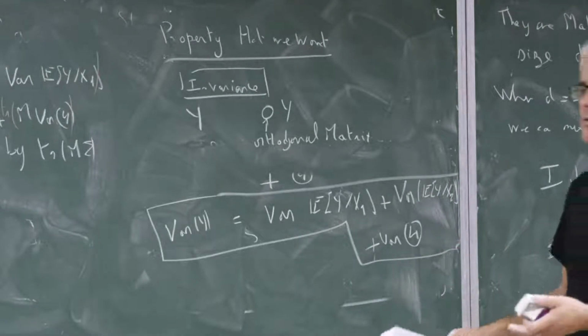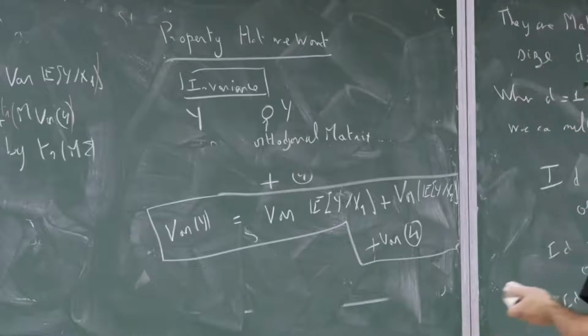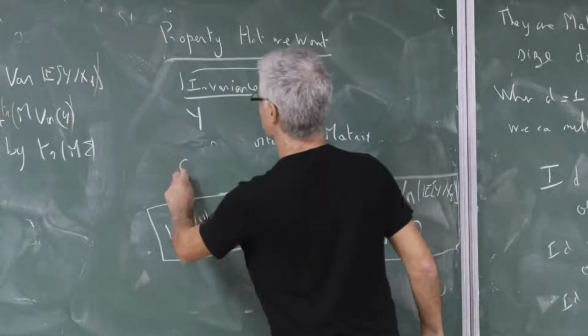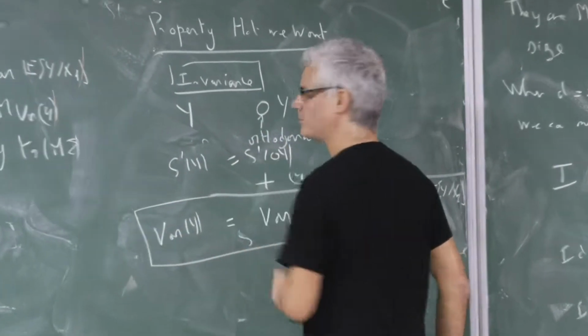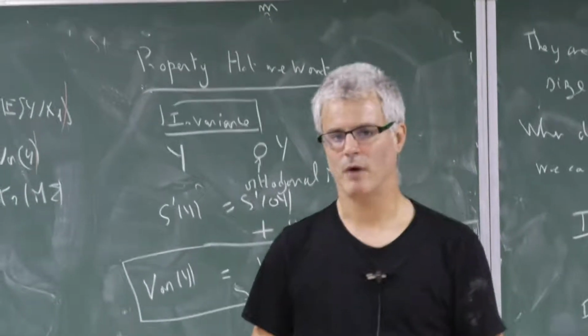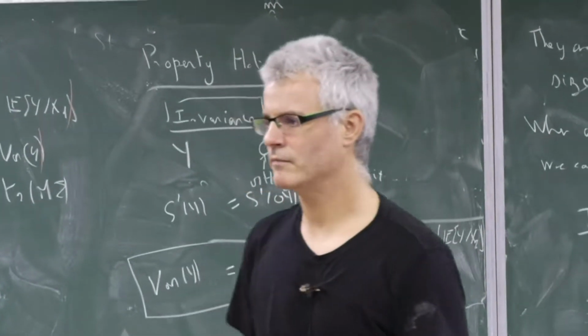So the influence of x1 should be the same. You want that if you take a look at y or O times y, S1 of y is equal to S1 of Oy.